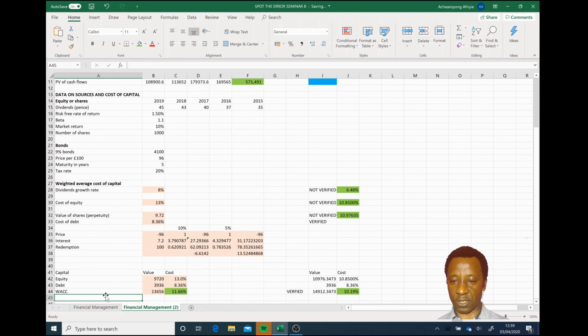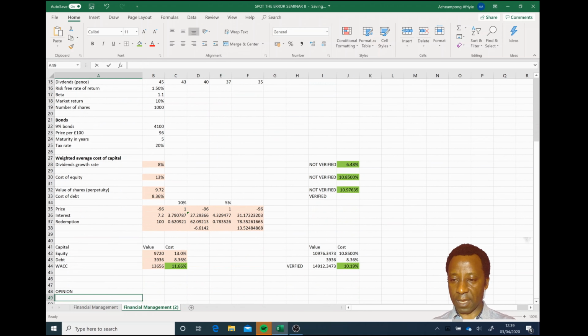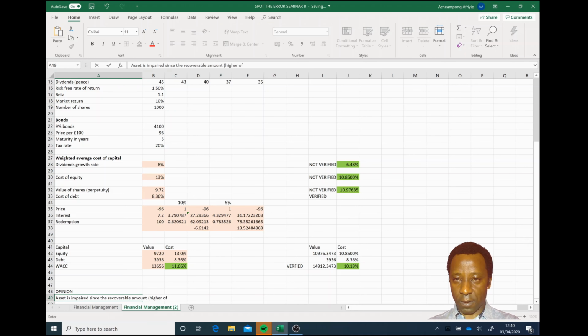So our ultimate decision or opinion is that the asset is impaired since the recoverable amount, which is the higher of value in use and fair value less cost to sell, is lower than the carrying amount.